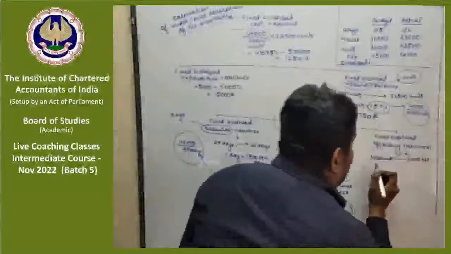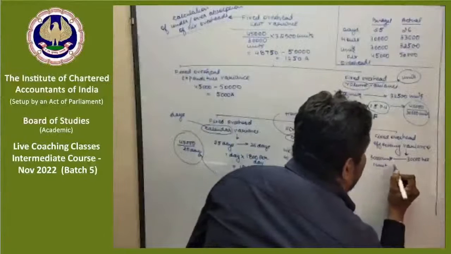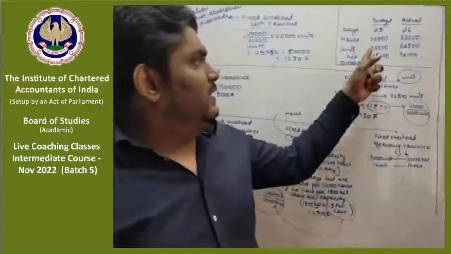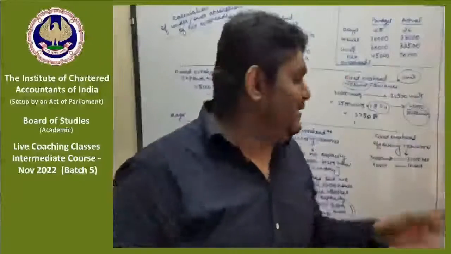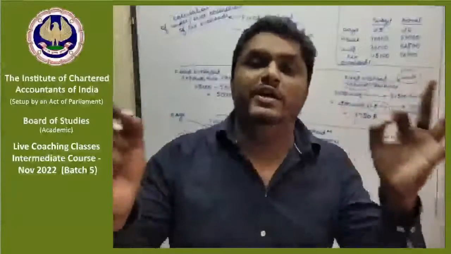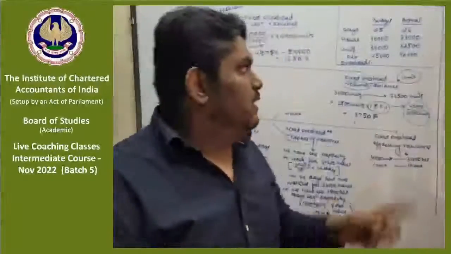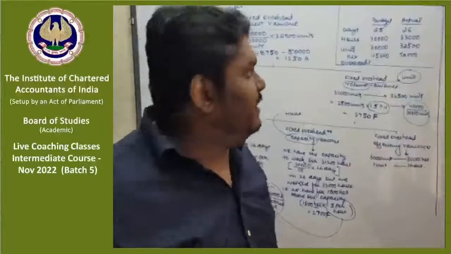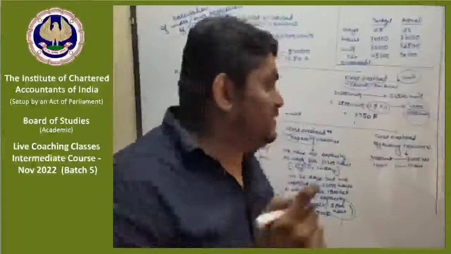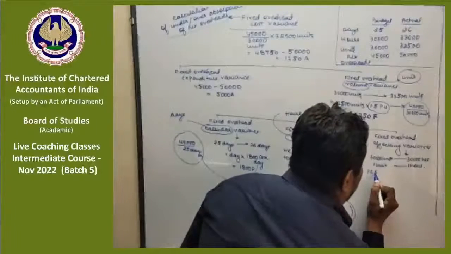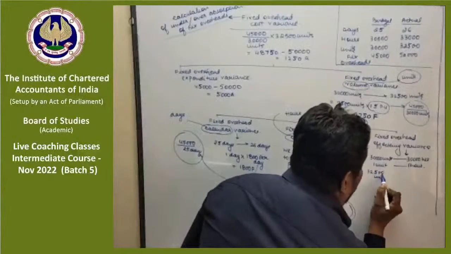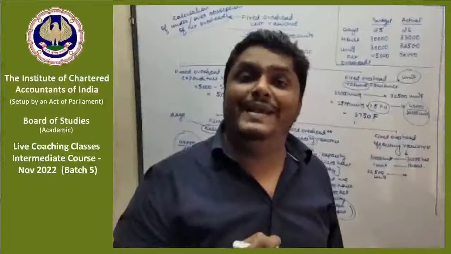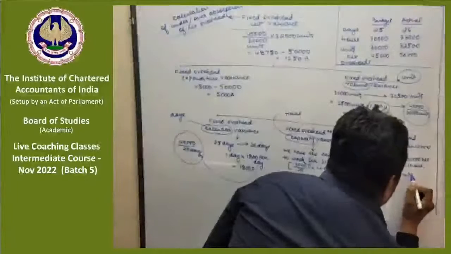It means one unit should take not more than 1 hour. As per the budget, 30,000 units should take not more than 30,000 hours. So one unit should be completed in 1 hour. The actual production is 32,500 units. Very good morning, Harsh. It means the work should have been completed in 32,500 hours.